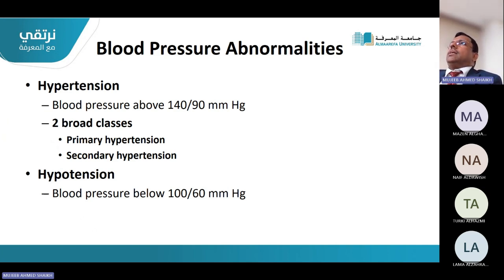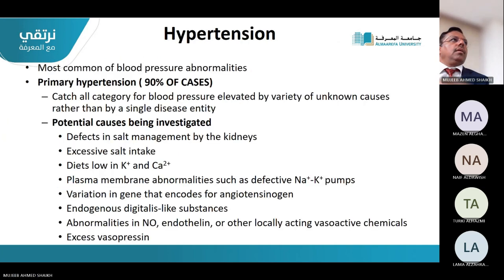If you know the cause, it is called secondary. Secondary hypertension could be an endocrine or CNS or kidney problem leading to increased blood pressure. 90% of cases have an unknown cause.